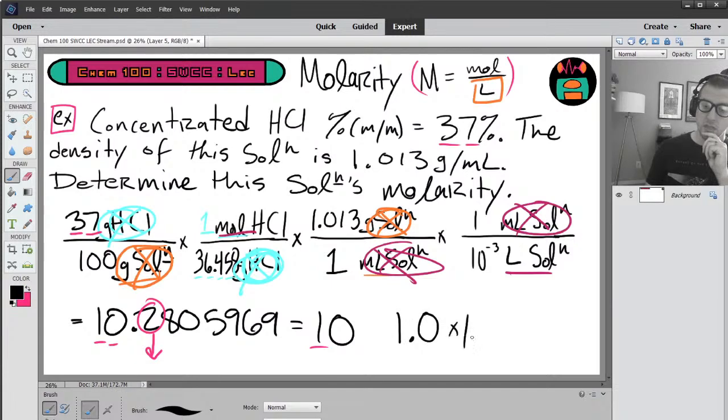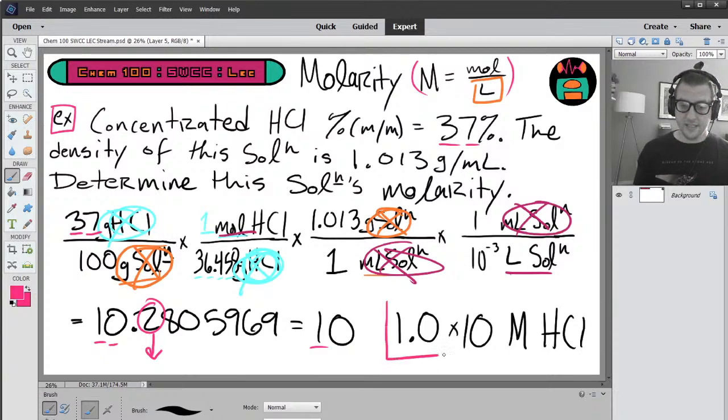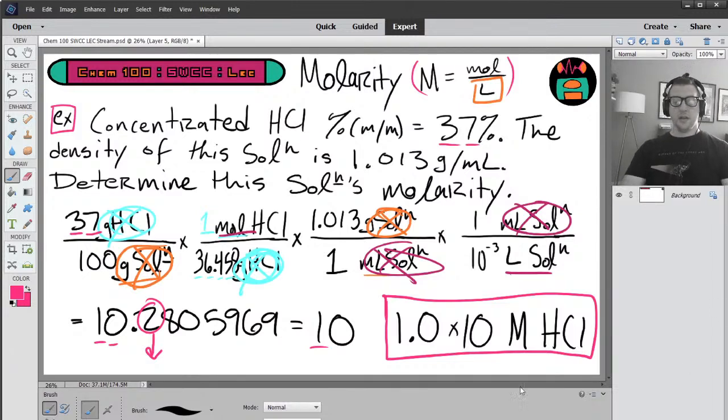1.0 times 10 molar. That's how you say a solution whose units are molarity. Molar. 1.0 times 10 molar HCl. And this is my final answer. So this is one type of problem.